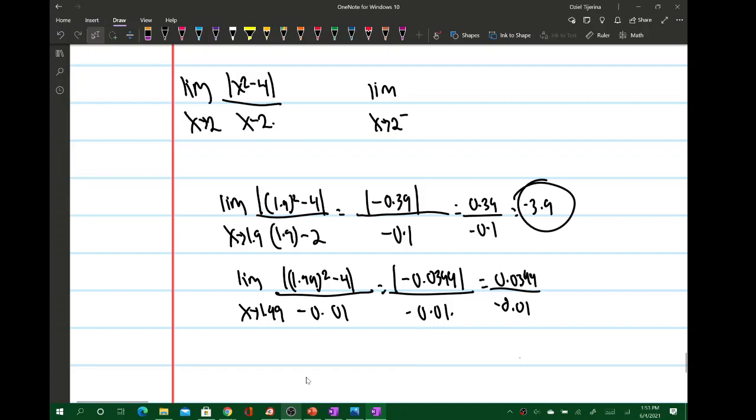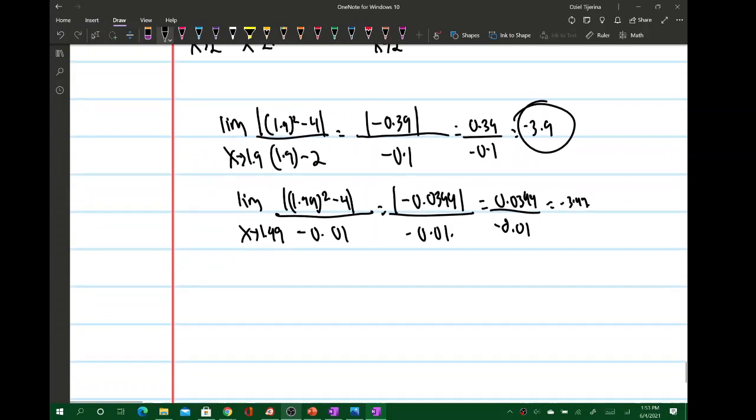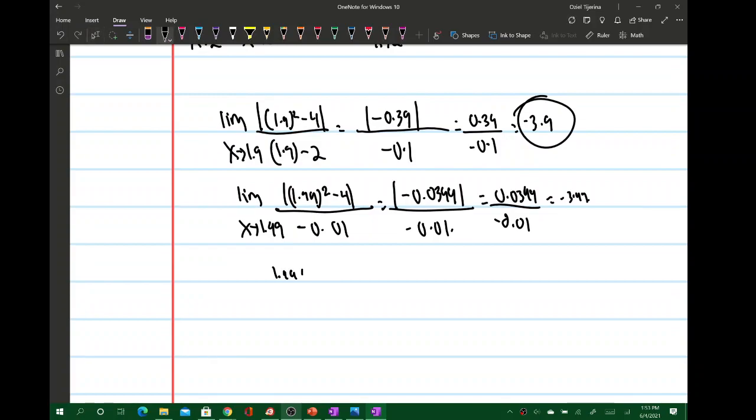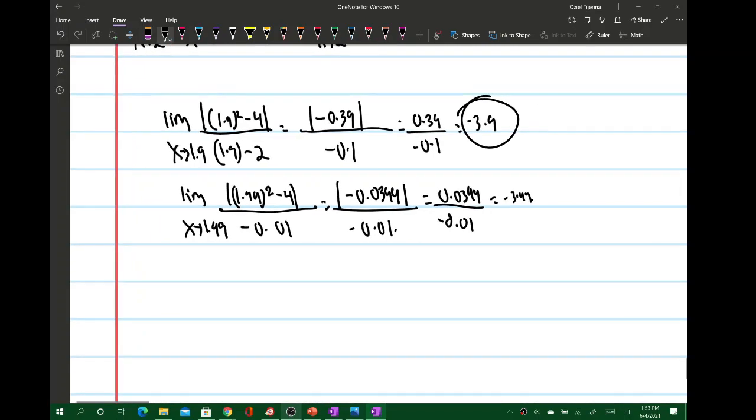And so it would be negative 3.99. Again, as I keep going like 1.99999, as I keep adding more nines, it's just going to keep adding more nines over here.